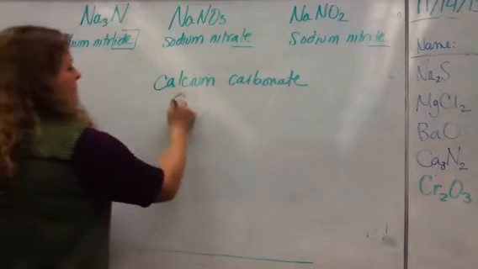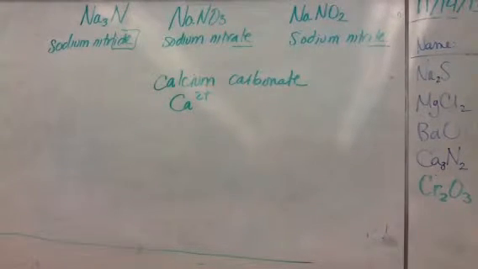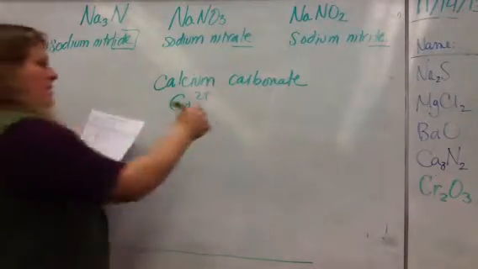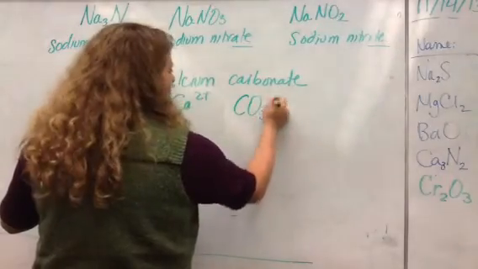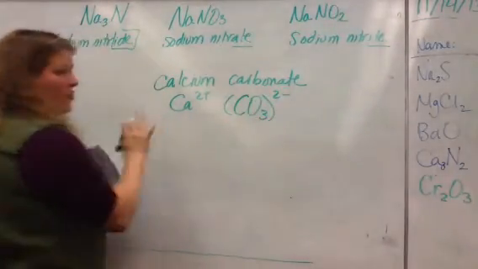Ca2 plus. Find me the carbonate ion. CO3 1 minus. CO3 what? CO3 2 minus. Okay. That's a discrete entity.